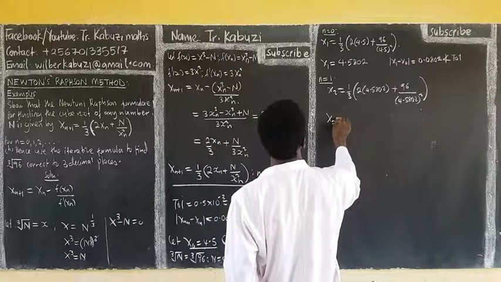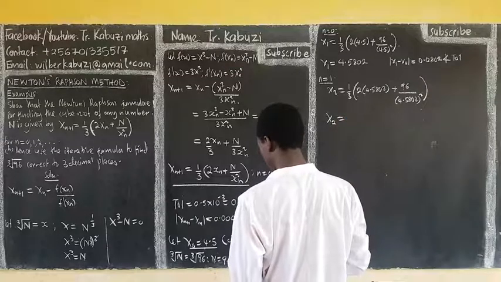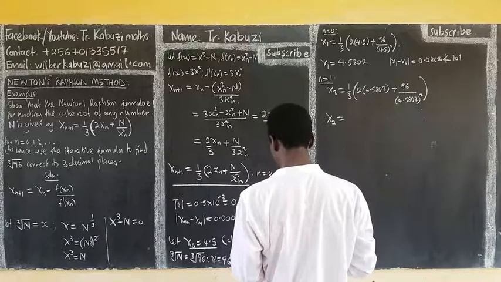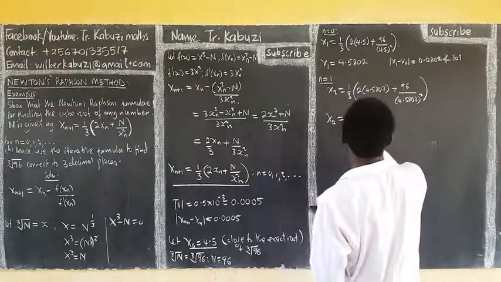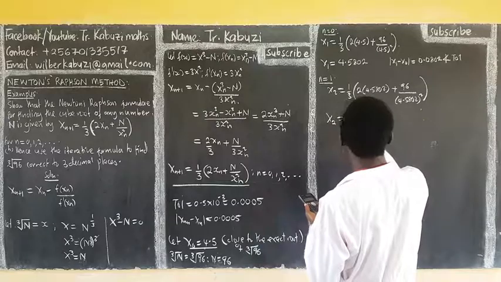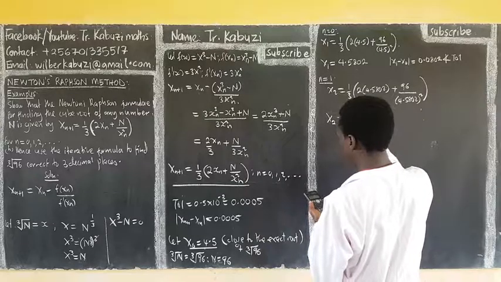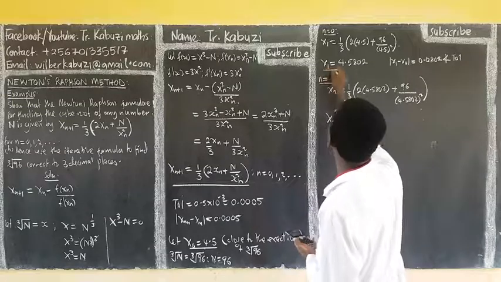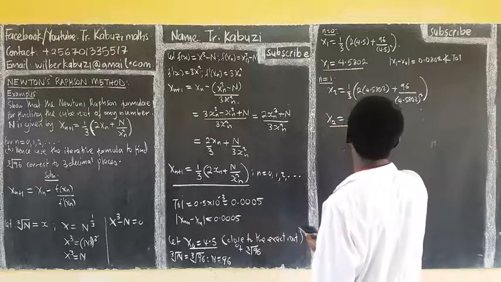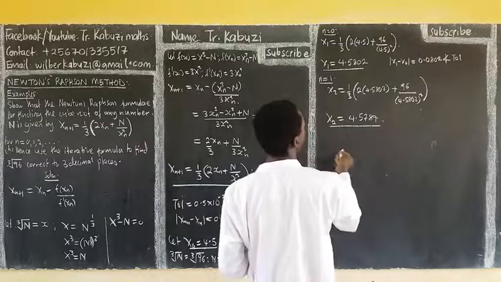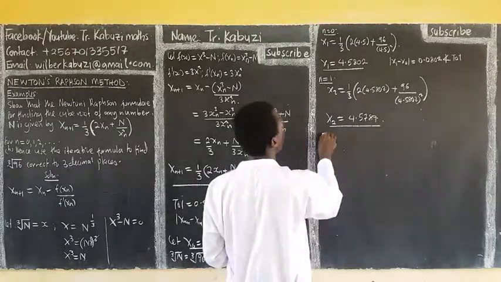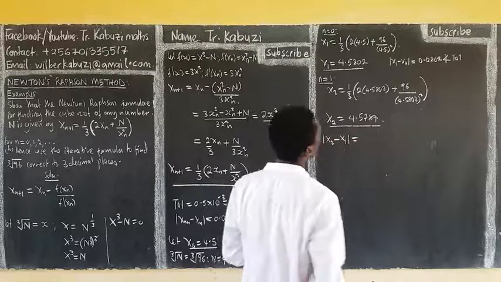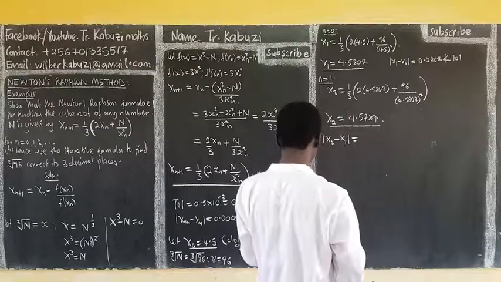Our x2 here, the value I'm getting is 4.5789. I'm giving this also to 4 decimal places. Now I calculate to see what my error is: x2 minus x1.